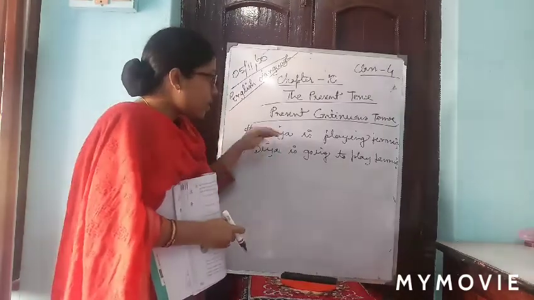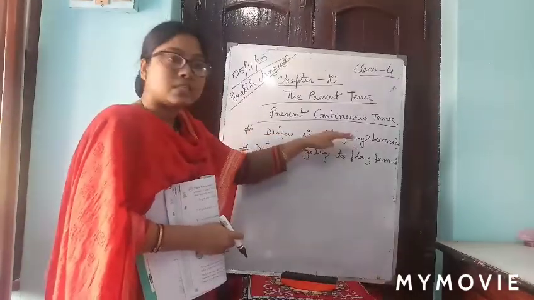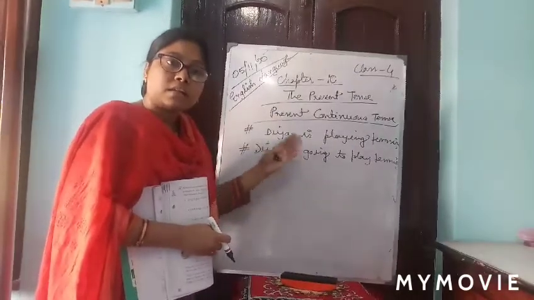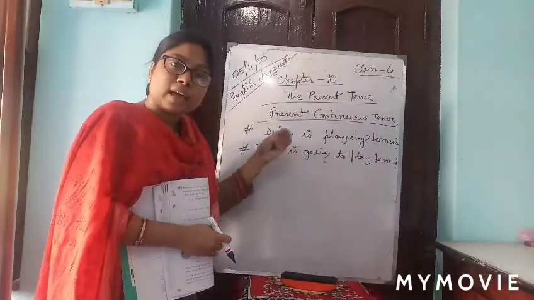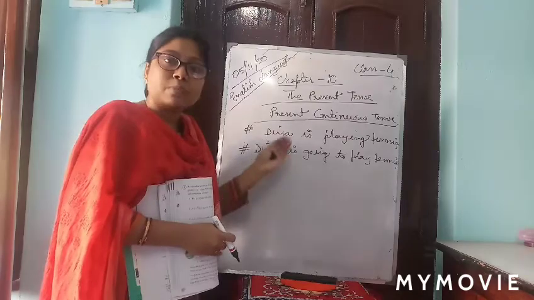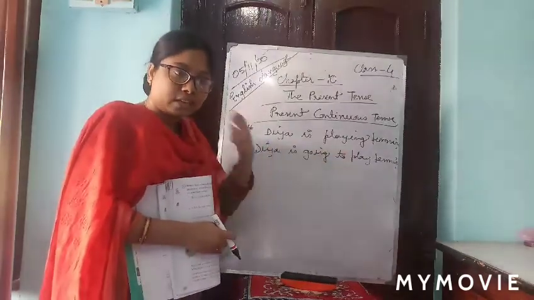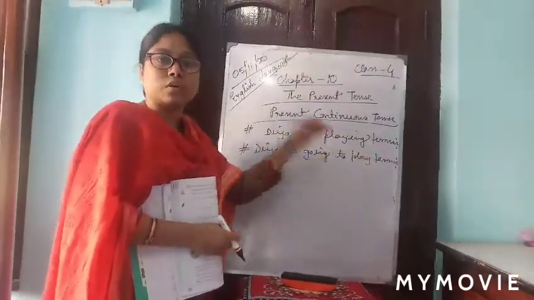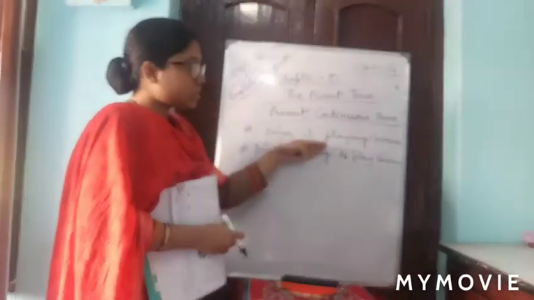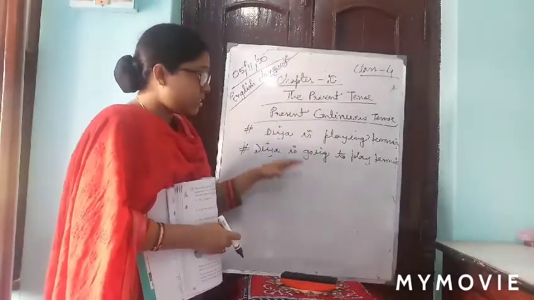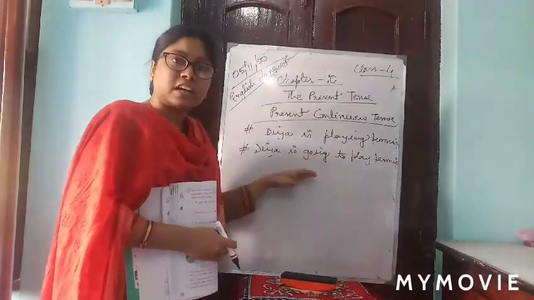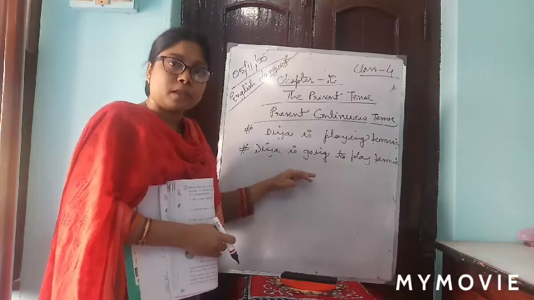Is it? So Dia is playing tennis tells us the action which is happening just now, at the time of speaking. While we are telling, only at that time this action is going on. But the next sentence, Dia is going to play tennis, means this action has some time in the future.